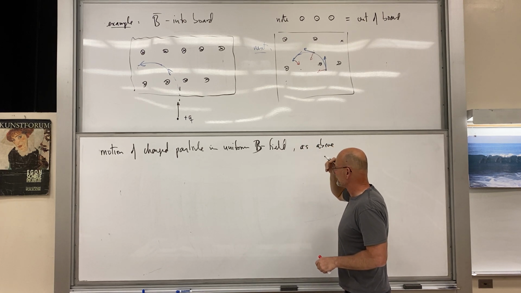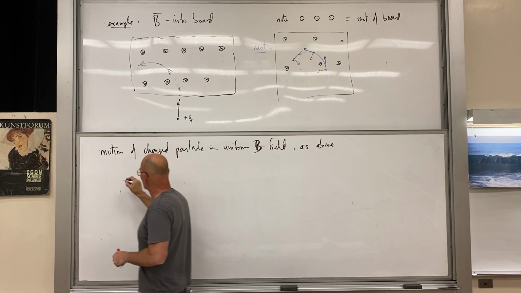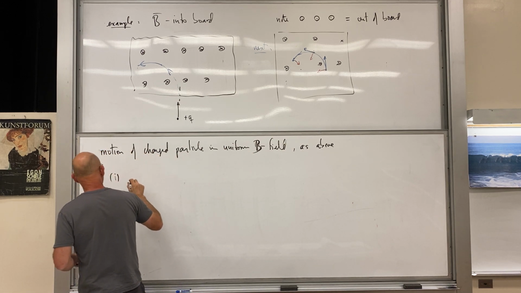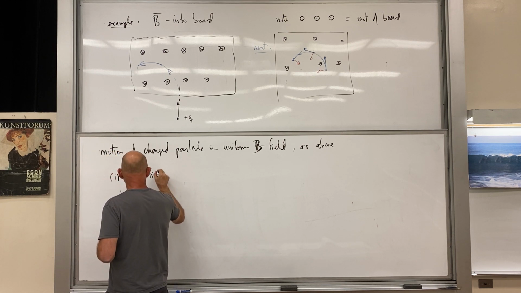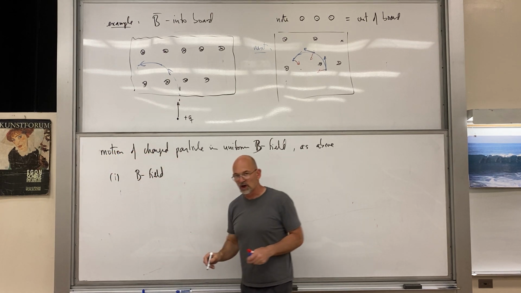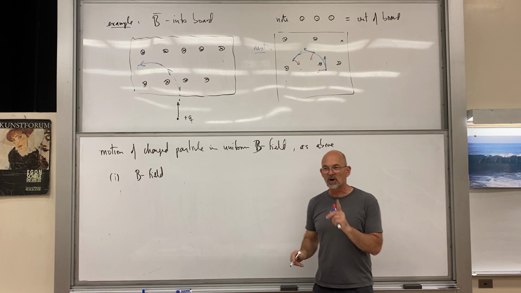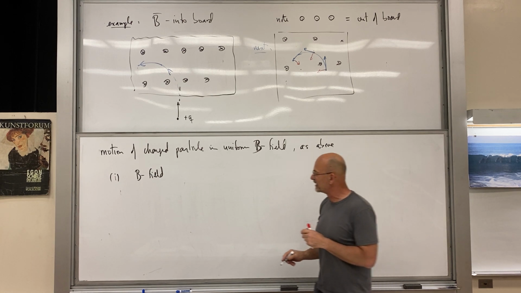So here are two points. First of all, the B field does no work on the particle. It doesn't do any work on it, so it doesn't change its kinetic energy.